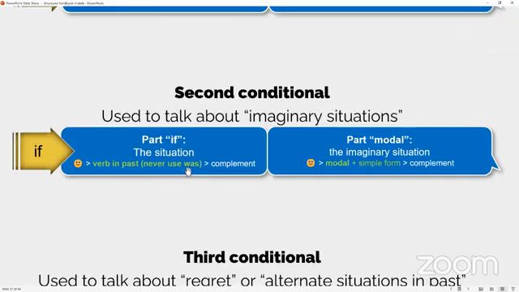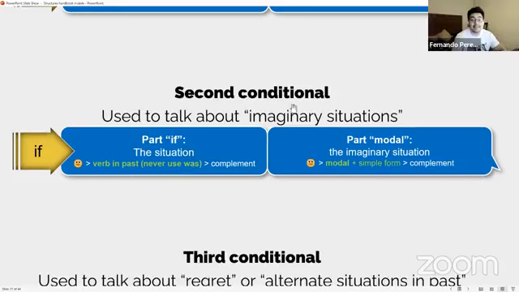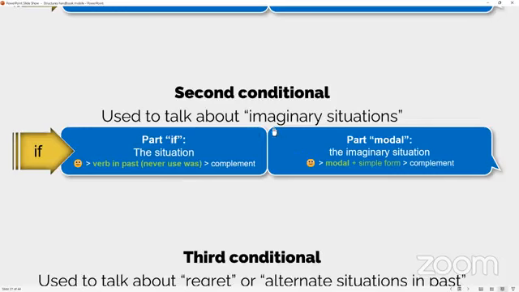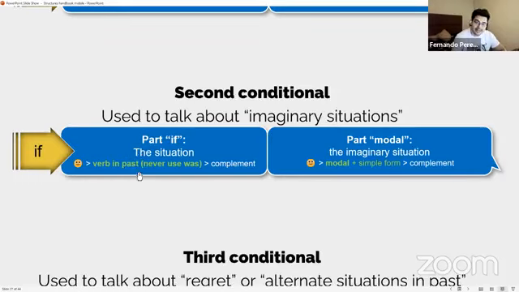"Were." Correct. "Teacher, in this case, another pandemic is not in past, it's in future." Yep, but it's imaginary. It's not future. That's the reason: because it's imaginary, you need the verb in past and then the verb with the modal in the second section.